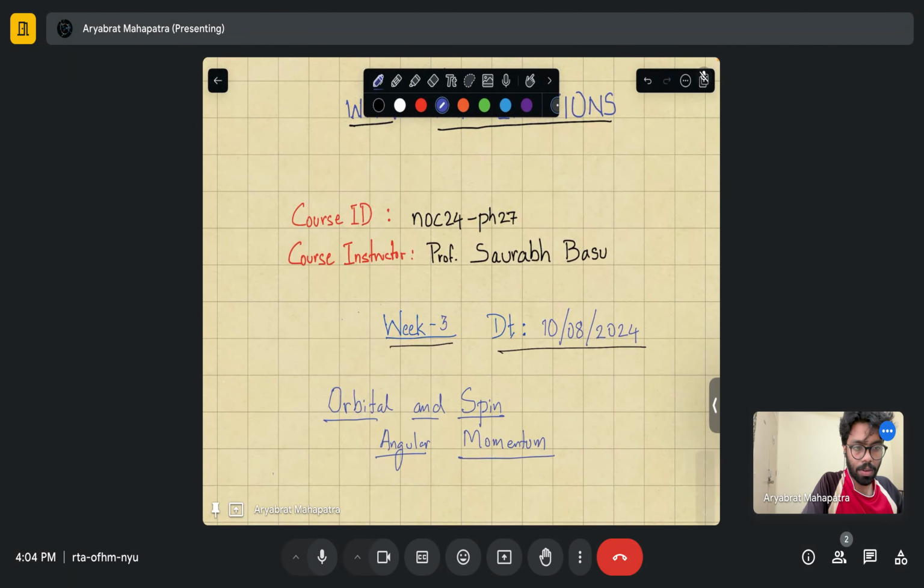So this week there were topics on angular momentum. Basically, you would have seen a lot of orbital and spin angular momentum, perhaps in your last quantum mechanics course, before this advanced quantum mechanics course.